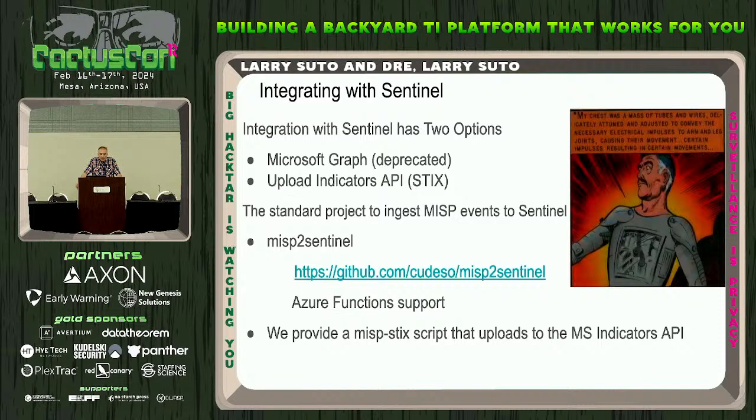It used to integrate via the Microsoft Graph, but Microsoft recently deprecated the Graph for indicators, and now it's using what's called the Upload Indicators API, which is completely STIX-based. I've had some problems because, in typical Microsoft fashion, it's not 100% STIX compatible, even though they say it is. So sometimes you have to tweak it a little bit.